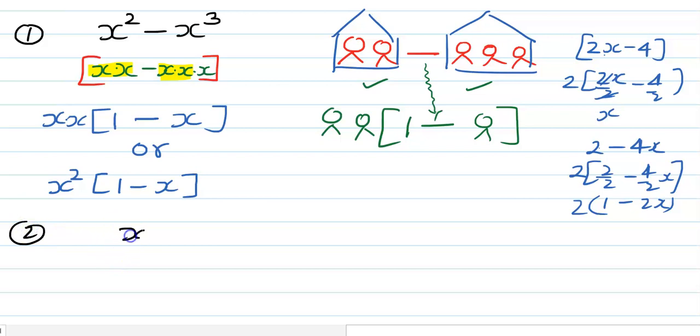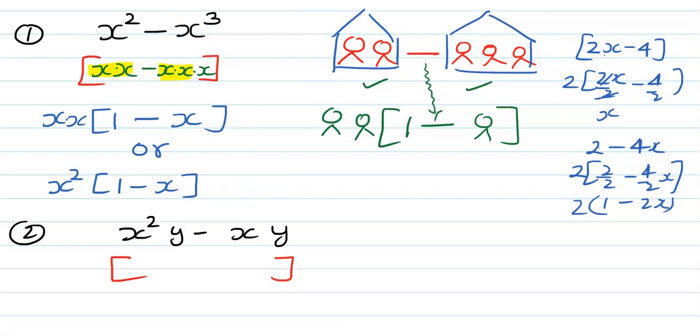If it is x square y and here it is xy, and we need to factorize it. First of all, you put the bracket and sort out one by one. Here x is 2, here x is 1. If there is nothing, it means 1. So 1x will be out. Do not touch y. 1x will be out, so out of 2x, 1x is out, 1x is left, and this y we are not putting now.